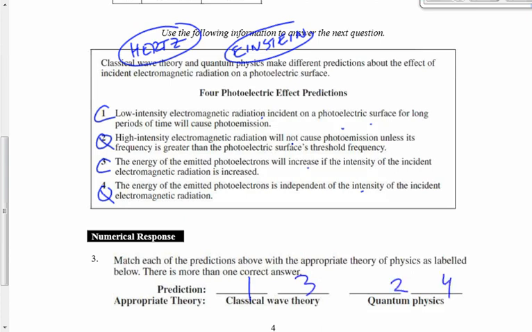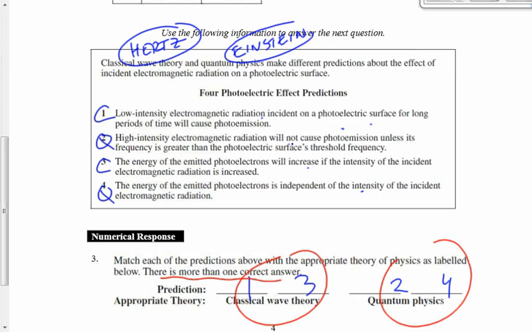Now they say there's more than one possible answer. What are the other possible answers? 1, 3, 2, 4. 3, 1, 4, 2. 1, 3, 4, 2, 3, 1, 2, 4, right? Different combinations of these. I'd like you just to double check your answer to make sure that you didn't have a different combination there.